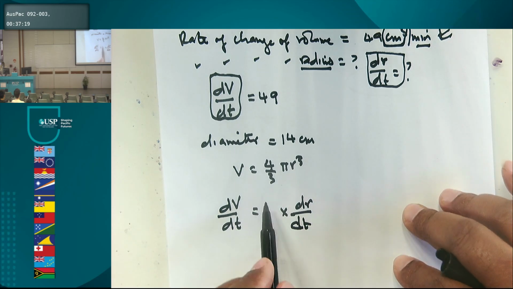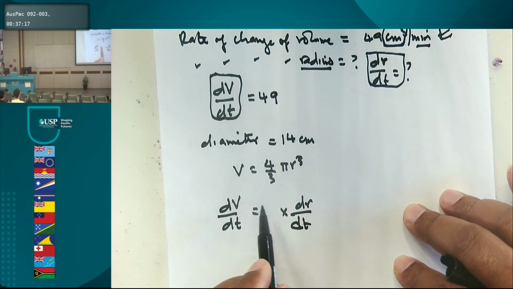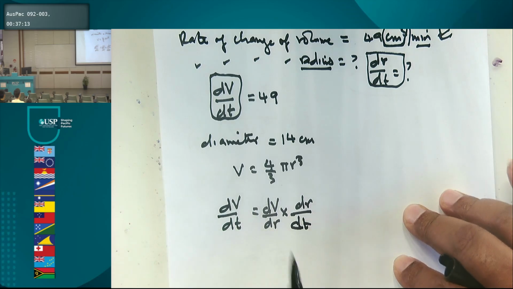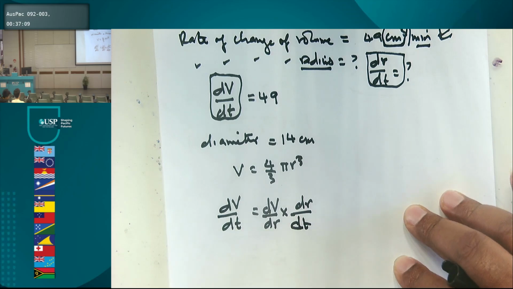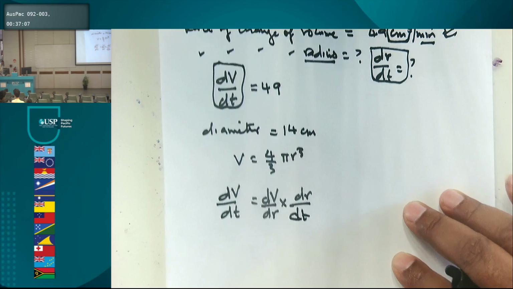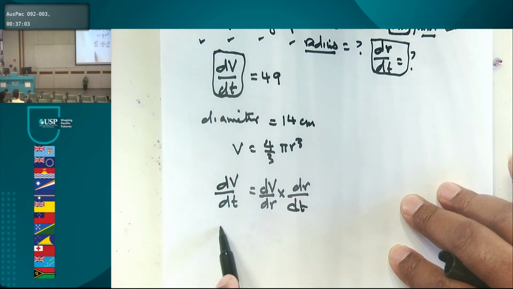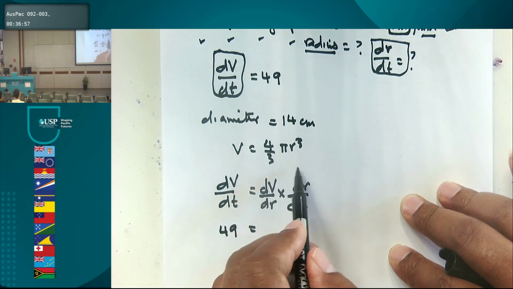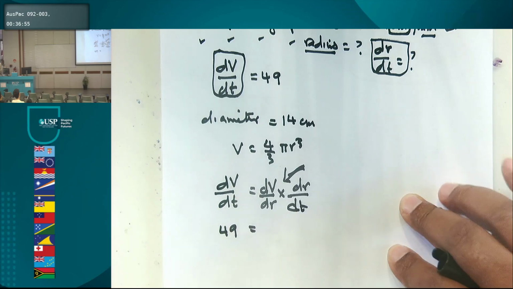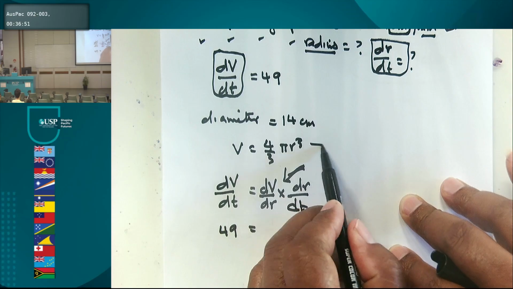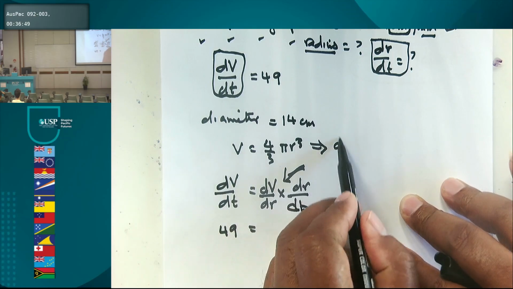It is dV over dr, because if I cancel dr and dr, I'm left with dV over dt. Okay. dV over dt is given. Well, how do I find this expression, dV over dr? I'm given the volume equation. I can use this to find it.